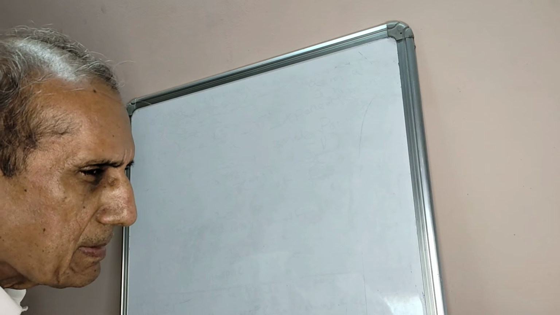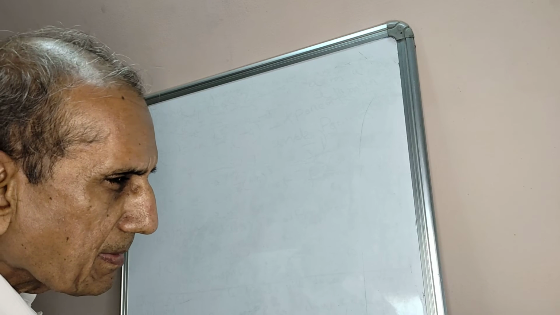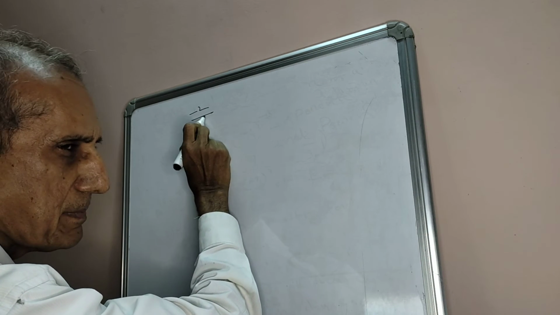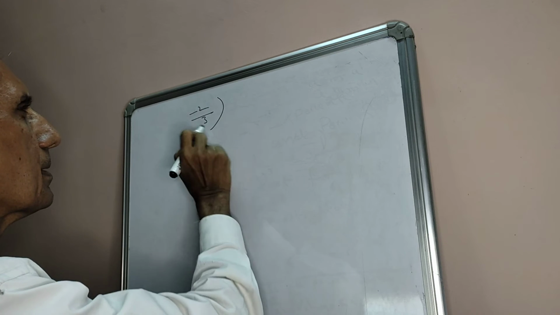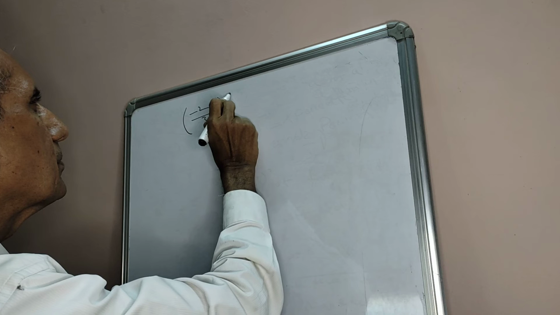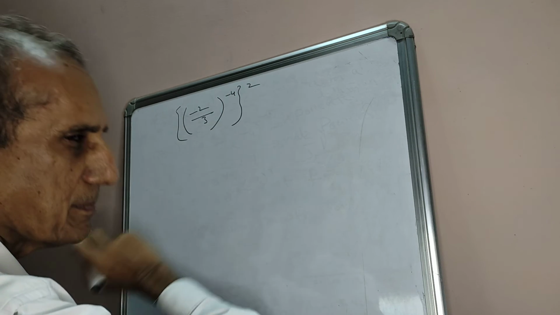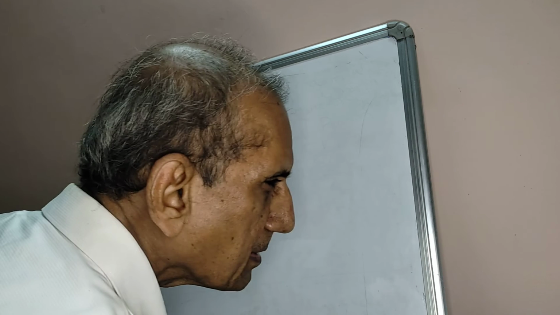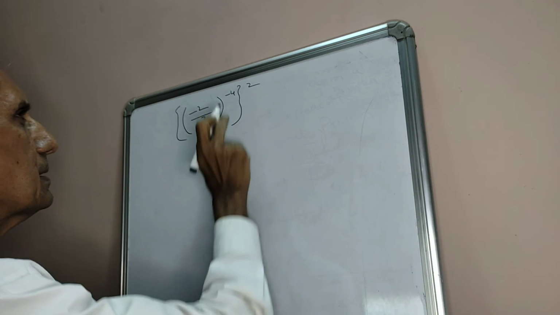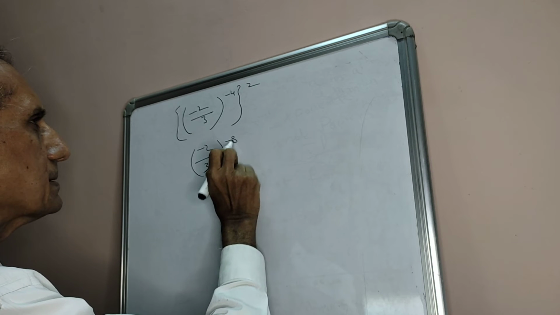Supposing there's one more problem. Minus 2 by 3 whole to the power minus 4, whole square. Now how do you do this? Multiply these two powers, minus 4 times 2 gives minus 8.